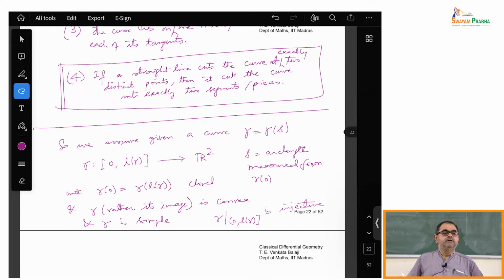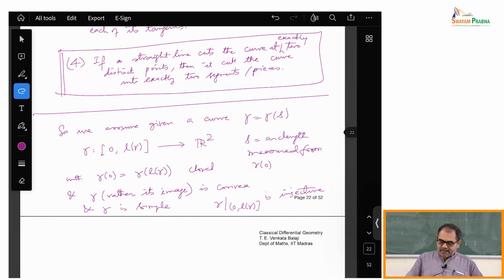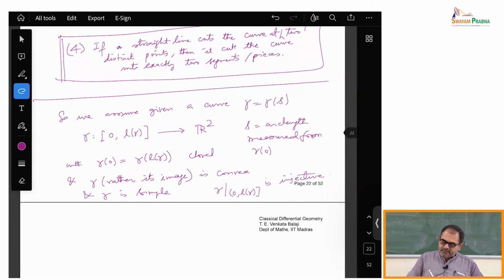So it is a simple curve, and you also assume that gamma does not contain any portion of an arc of a straight line or of a circle.